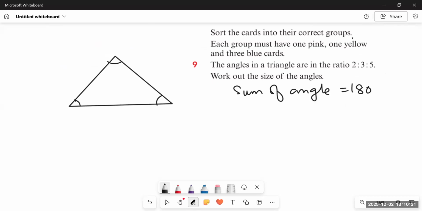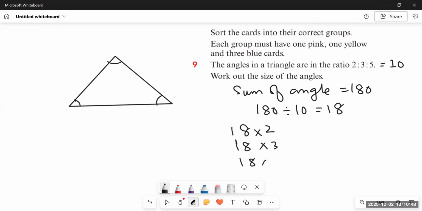So we will find out the sum of the ratios. That is 2 plus 3 plus 5, that's 10. Now we will divide 180 by 10. We will get 18. And now we will multiply 18 by 2, by 3, and by 5.